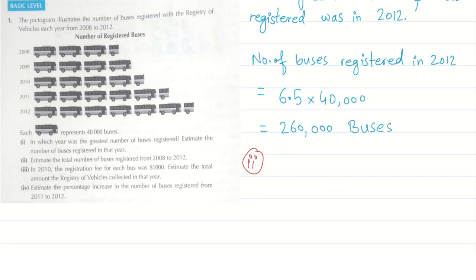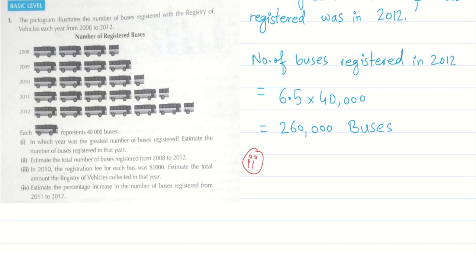Part number 2, estimate the total number of buses registered from 2008 to 2012. If you count all these buses on this pictogram, you get 24 as an answer.